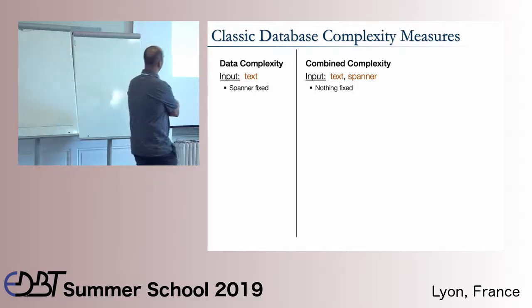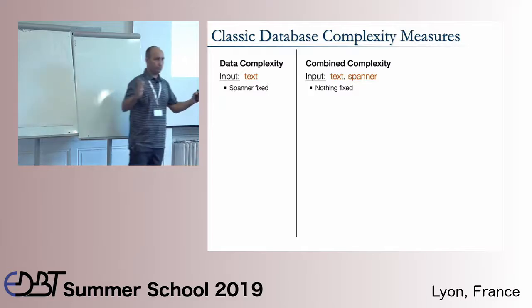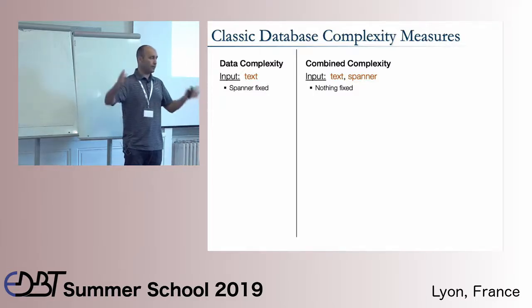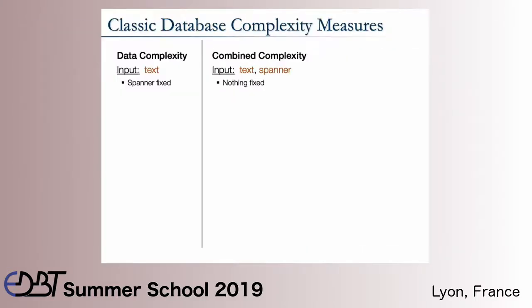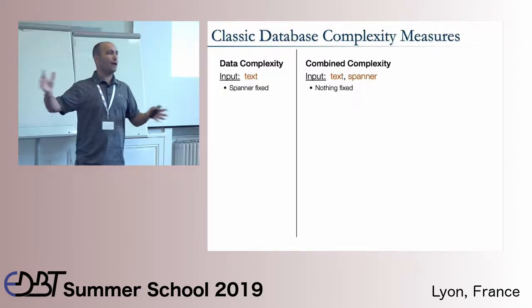Under combined complexity, we assume that the input for a query evaluation consists of both the query and the database. And then usually problems are hard, and you would say, okay, but this doesn't really capture reality, because in reality the query is tiny and the database is huge.